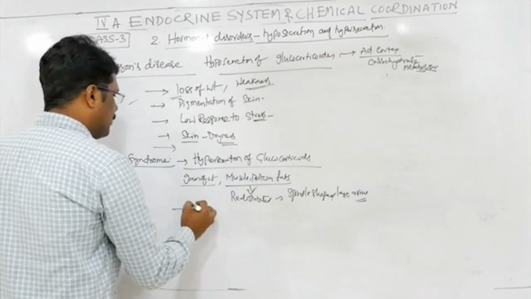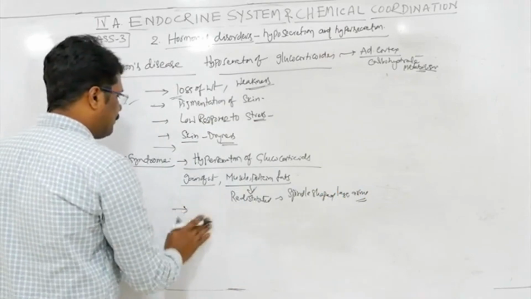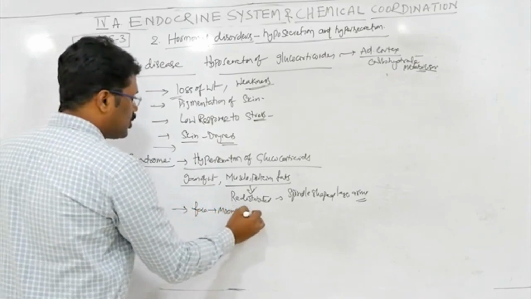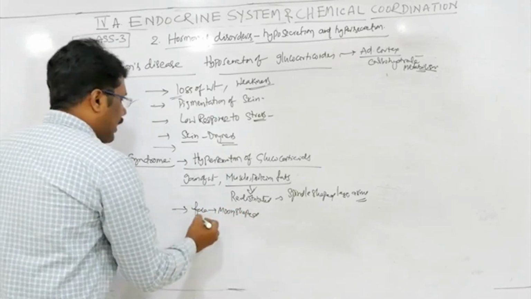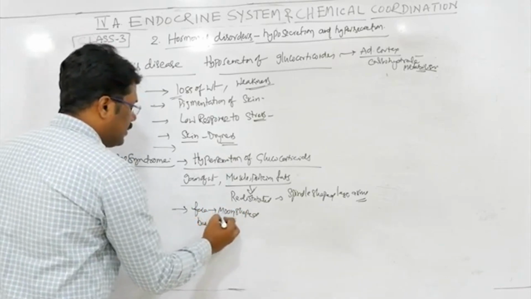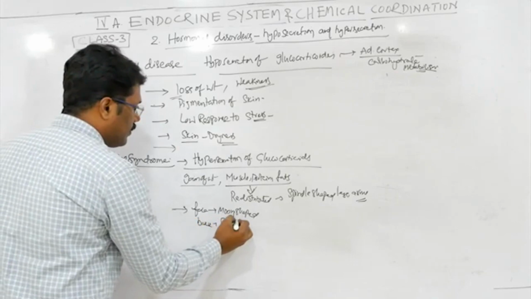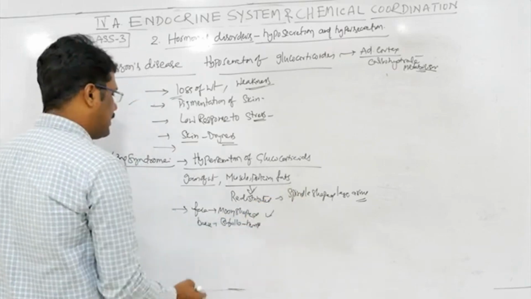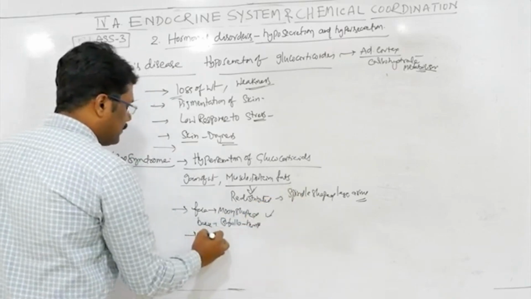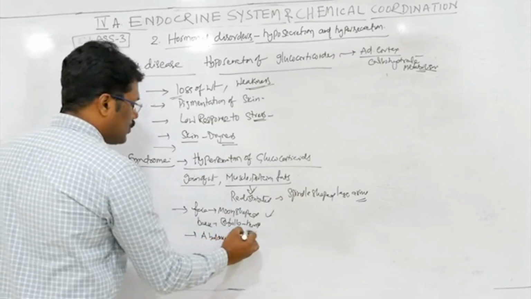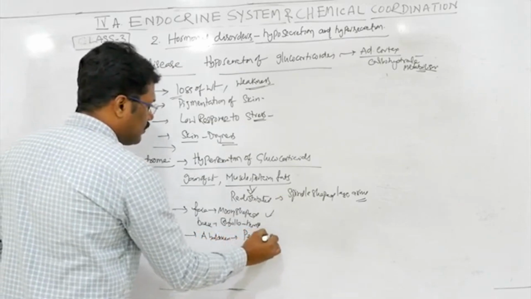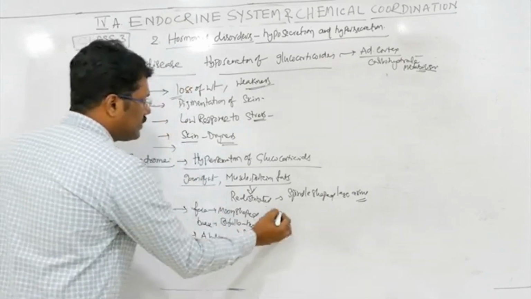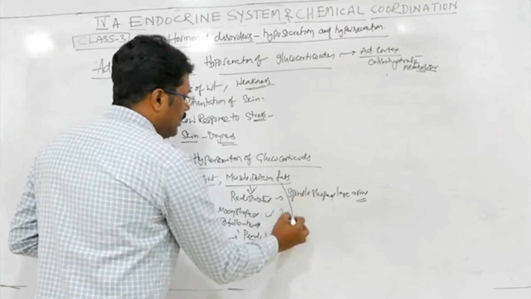And not only that, the face is moon shaped due to enlargement. It is moon shaped, and on the back side there is a buffalo hump due to deposition of these fats, and abdomen shows pendulous. That means it moves due to the excessive deposition of fats.